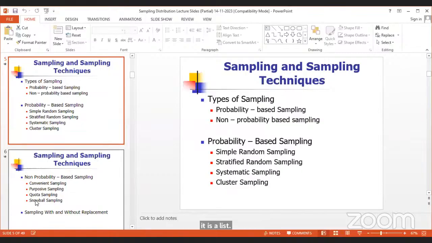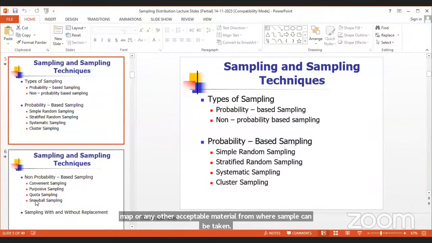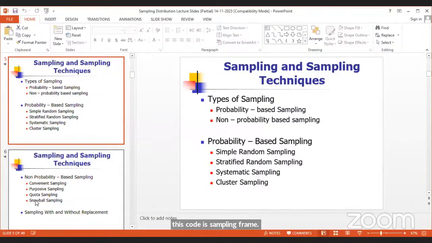So any list or map or any other acceptable material from where a sample can be taken is called a sampling frame. Sampling itself is a procedure that you go through in selecting the sample.